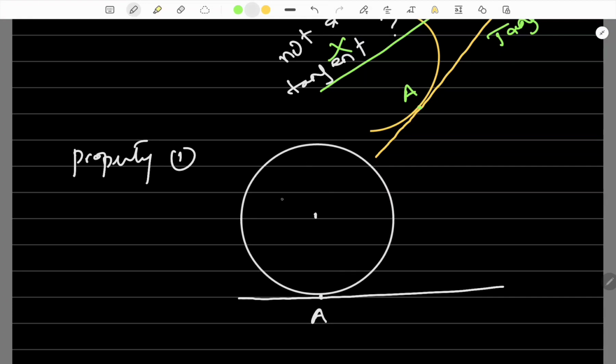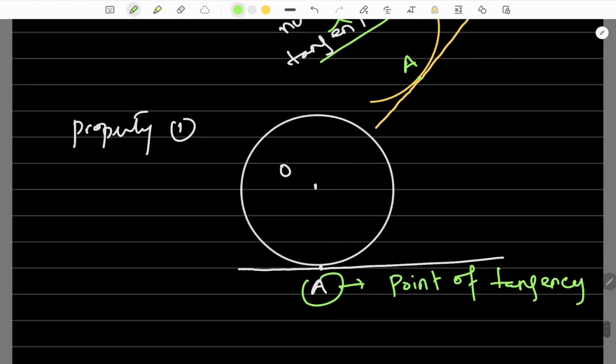Let's say the center of the circle is marked, right? So beta, this point A is called the point of contact of the circle and the tangent, right? So this is also known as point of tangency. Point of tangency, right, beta? So if the radius is drawn at the point of contact between the tangent and the circle, or you can say at the point of tangency, right?